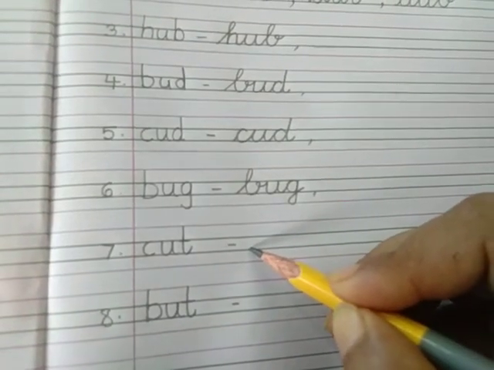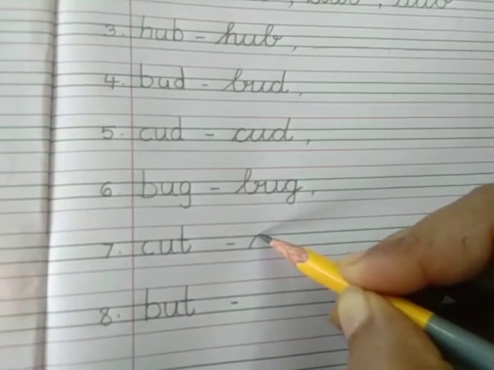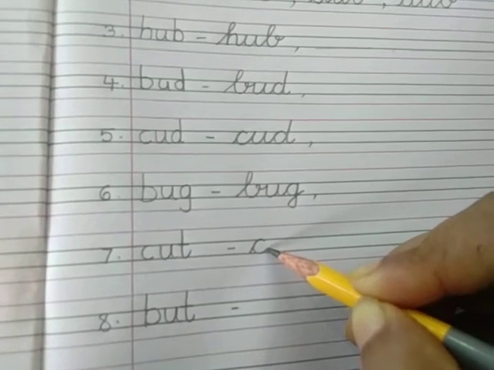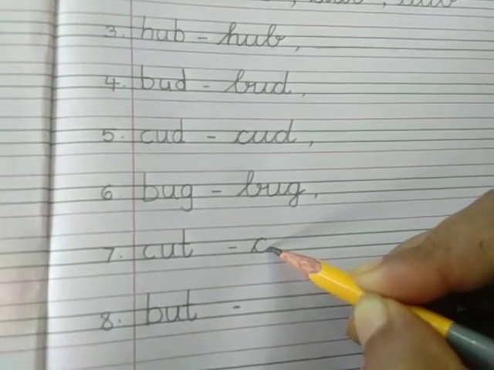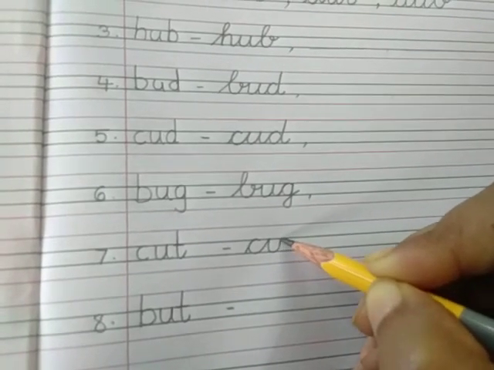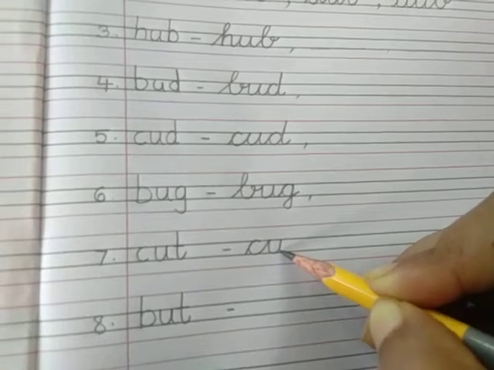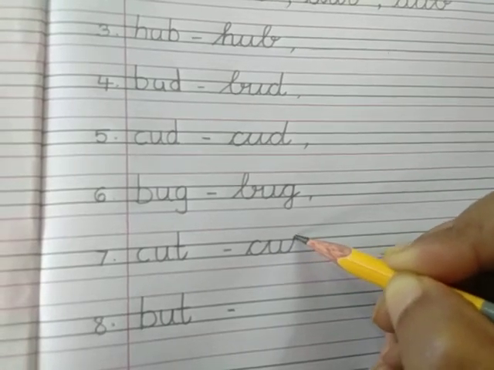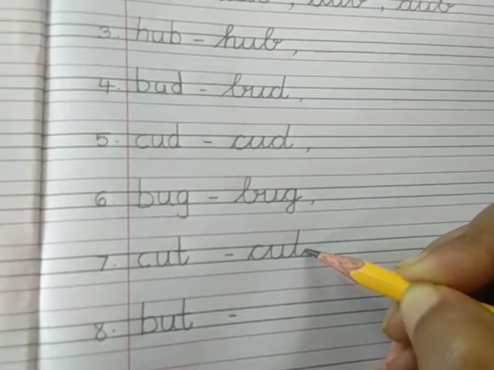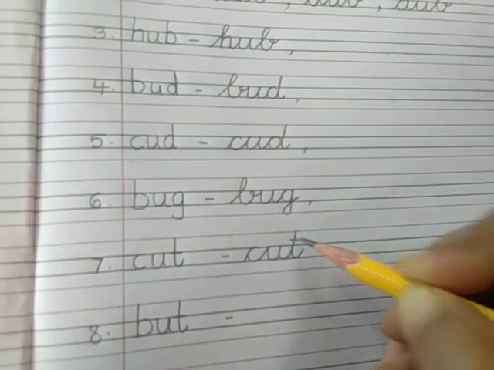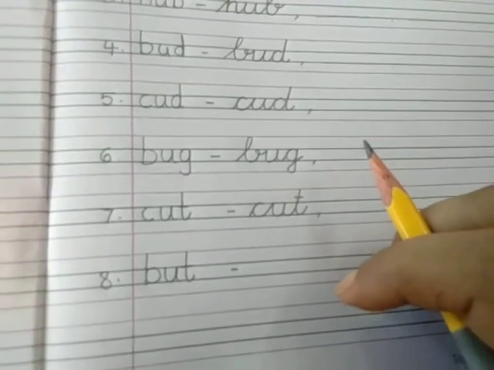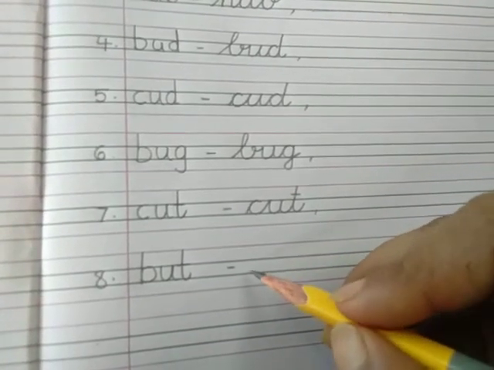Just see here. C is completed here. Now from here you have to write U. U is completed here. Then go for T. C-U-T, cut. 2 more times. And the last one is B-U-T, but.